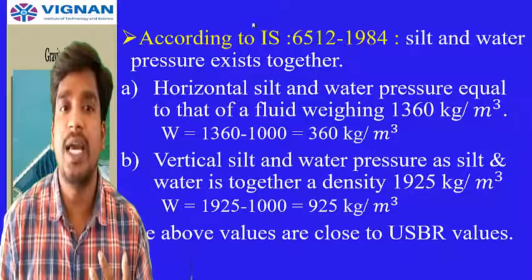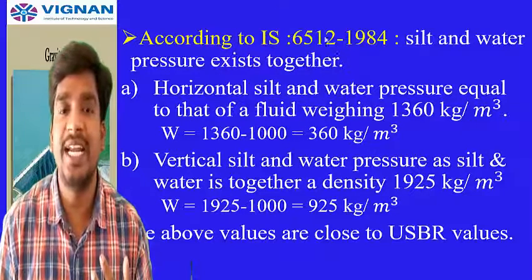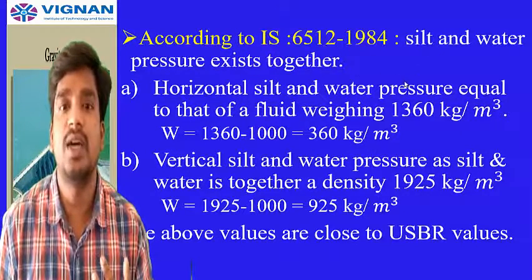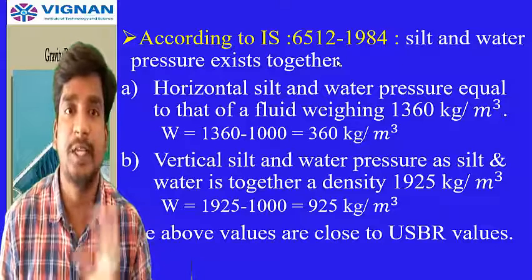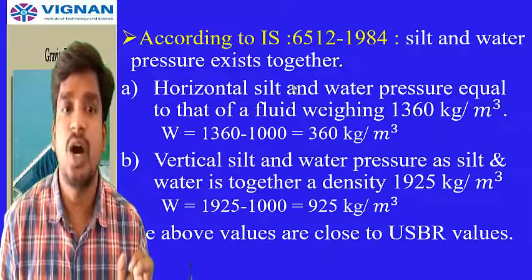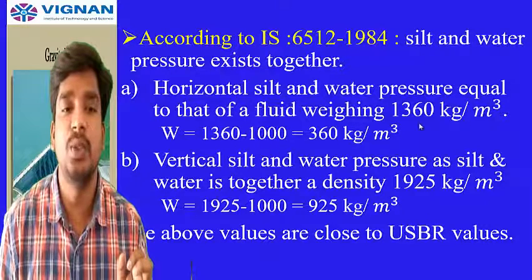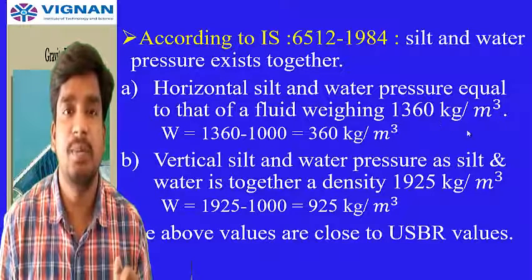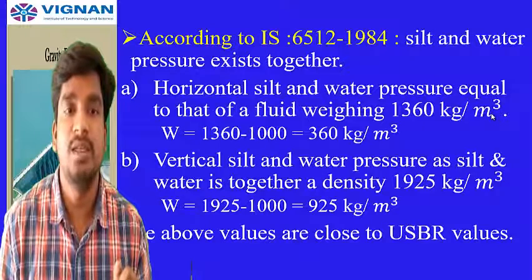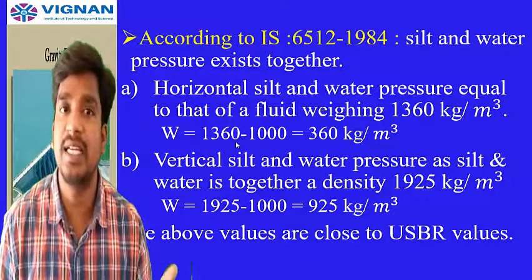According to IS 6512-1984, the silt and water pressure exist together. They do not act alone. The horizontal silt and water pressure is equal to that of a fluid weighing 1360 kgs per cubic meter, out of which the water density is already considered.